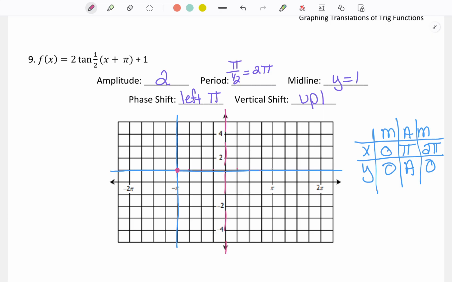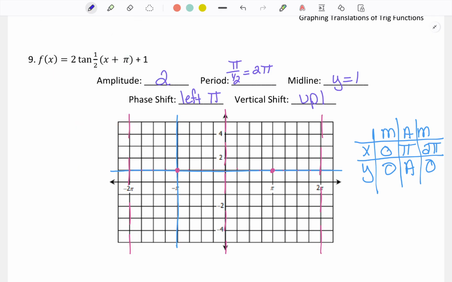And 1, 2, 3, 4, and put a middle, and then 1, 2, 3, 4, and put an asymptote, sorry. And from that axis, 1, 2, 3, 4, have an asymptote. And then we can go ahead and draw in our graph.